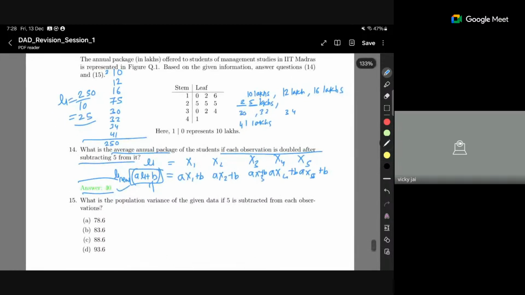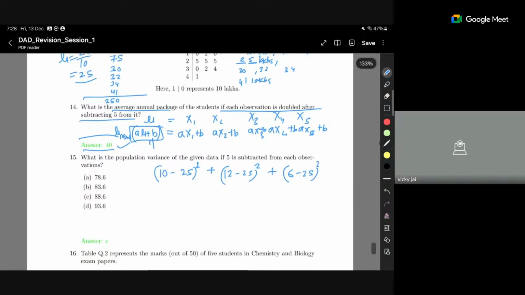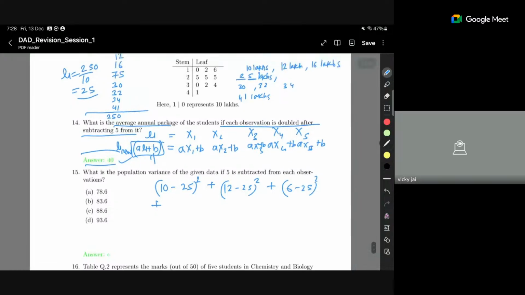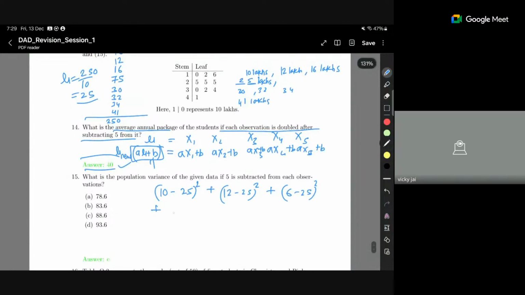So how am I going to do it? I'm going to do it this way. 10 minus 25 square plus 12 minus 25 square plus 6 minus 25 square. That's how you do it, right? So 25 minus 25 square, so there are 3 zeros. I'll just not write it because 25 is the mean.